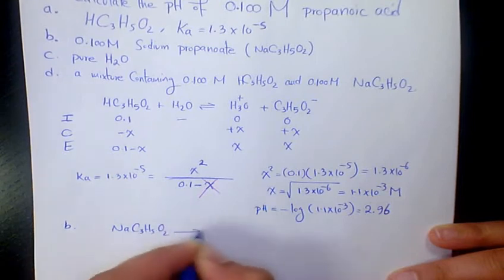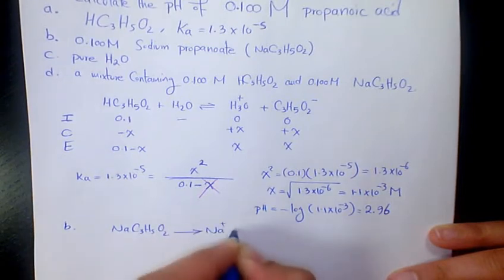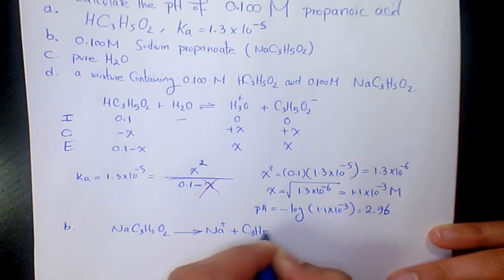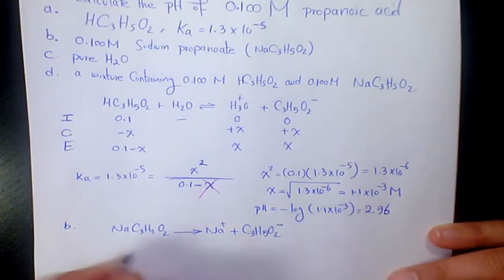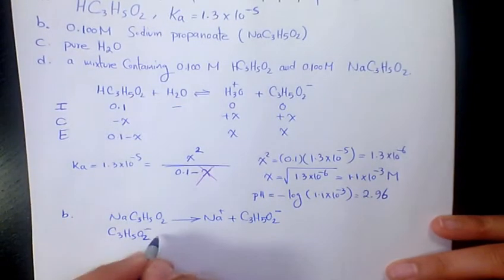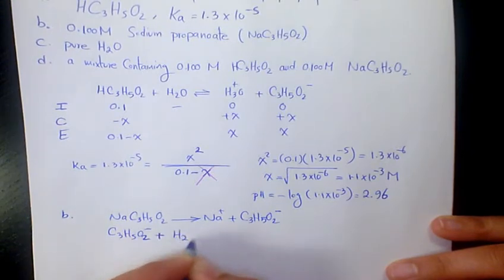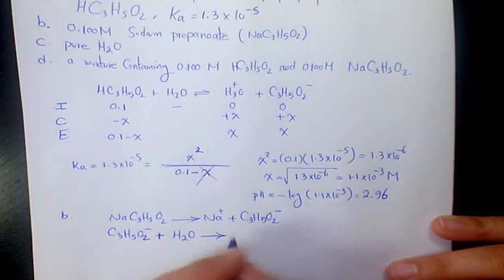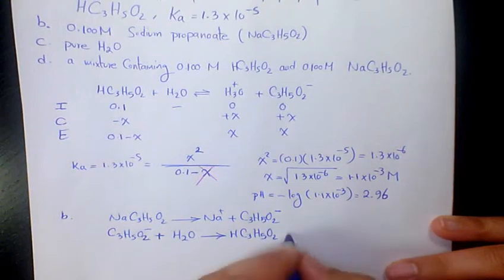NaC3H5O2 dissociates completely to Na plus and C3H5O2 minus. Then I can write C3H5O2 minus in aqueous solution plus H2O. It's going to give us HC3H5O2, which is propanoic acid, plus OH minus.